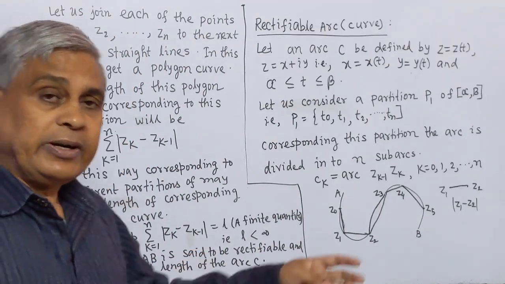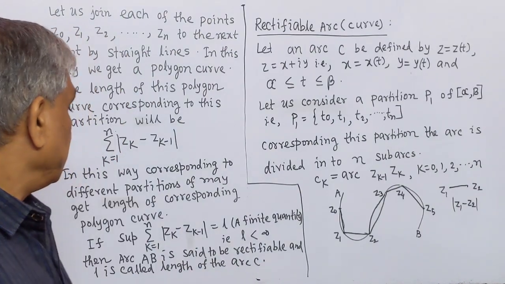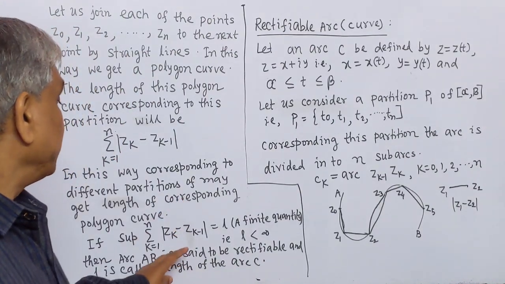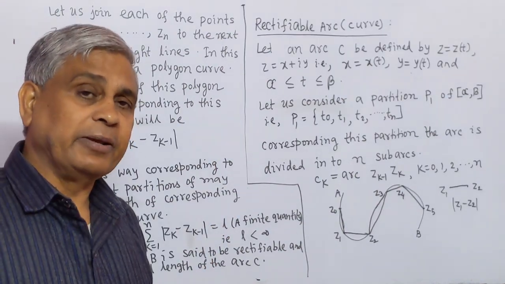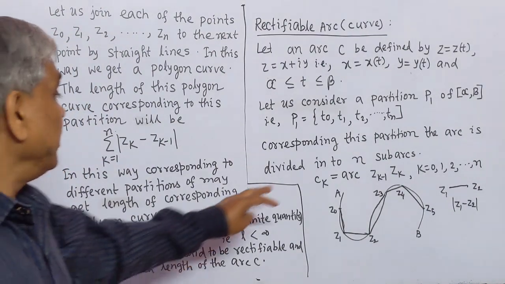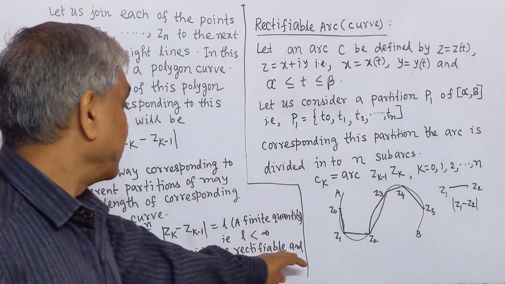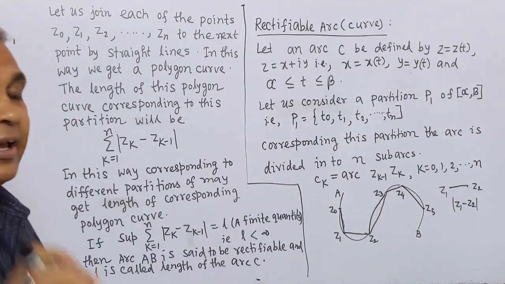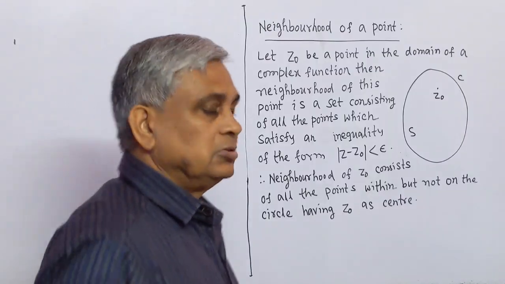If we take the supremum of these lengths, and if that is L, a finite quantity, that is L less than infinity, then the arc AB is said to be a rectifiable arc, and L is called the length of the arc C.